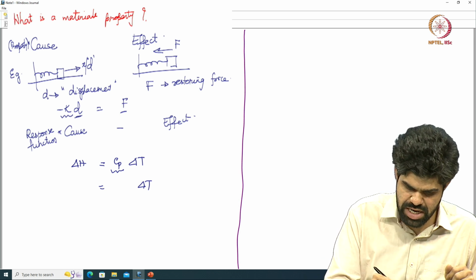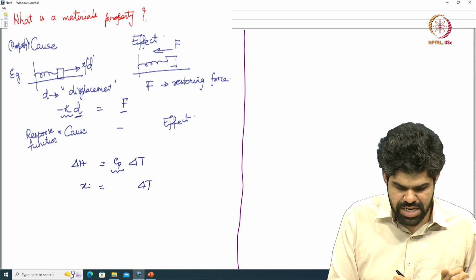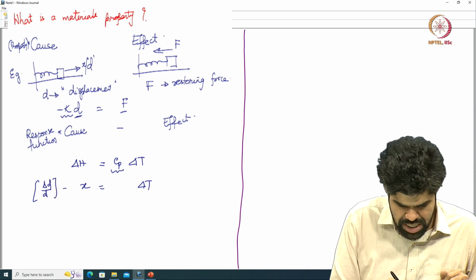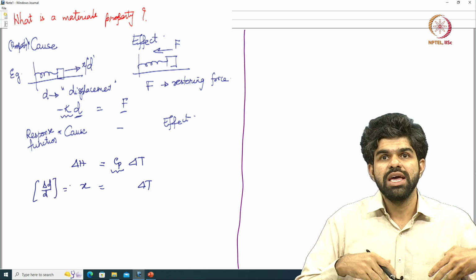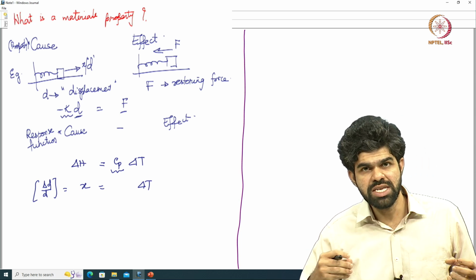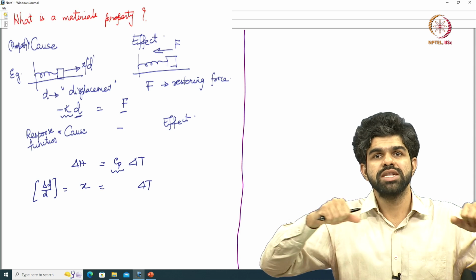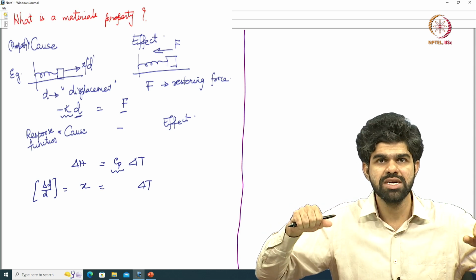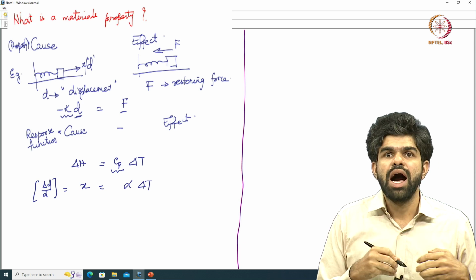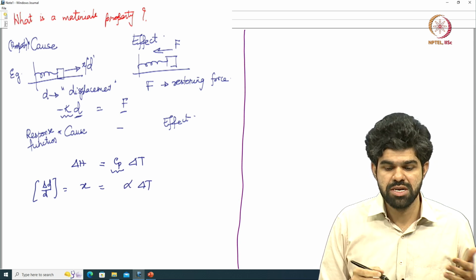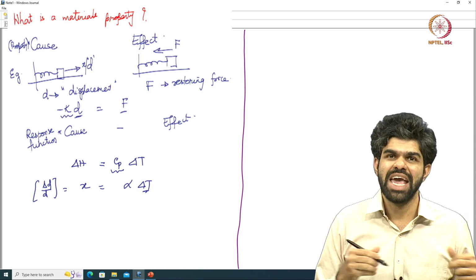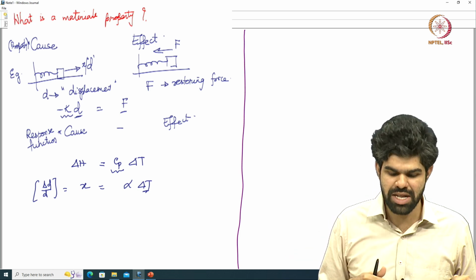Displacement will be d, strain will be x, and strain is nothing but change in displacement per unit displacement, right. So I have some strain in the material, and this strain in the material is related to change in temperature. If I am heating it, the material expands; if I am cooling it, the material contracts, and so alpha is the coefficient of thermal expansion. So the cause is delta T, or the change in temperature, the effect is x, or the strain that I am causing in the material, right.